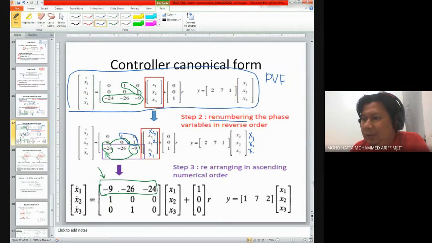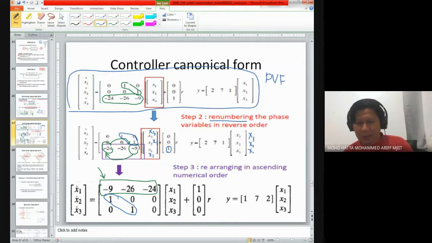This diagonal matrix will appear over here. Also the values of the elements inside our B matrix, or our input matrix, will be moved into the first row of the B matrix. So that's the thing you need to consider first in the state equation.